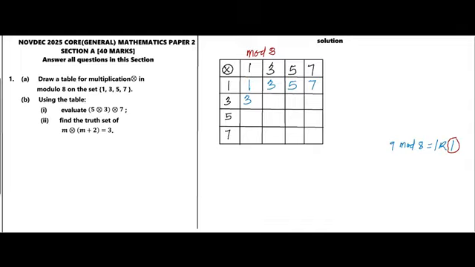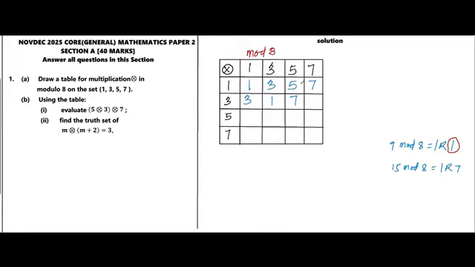So we have 1. 3 times 5 is 15. So 15 in mod 8: 8 goes into 15 once, remainder 7. So 7 is the answer.